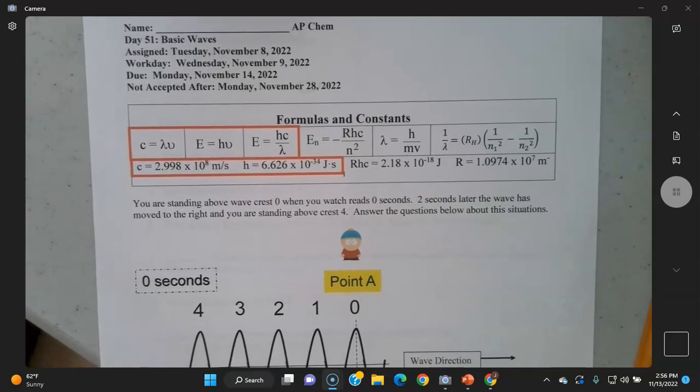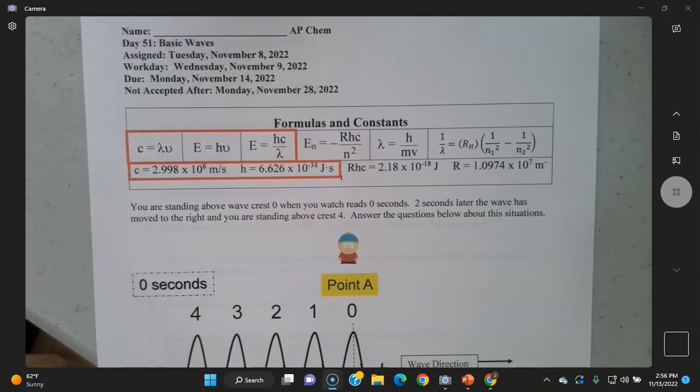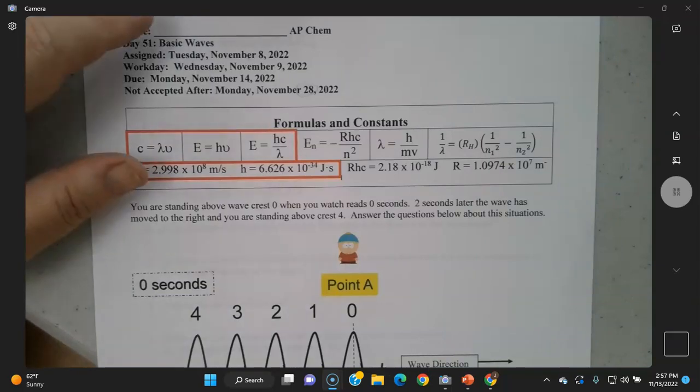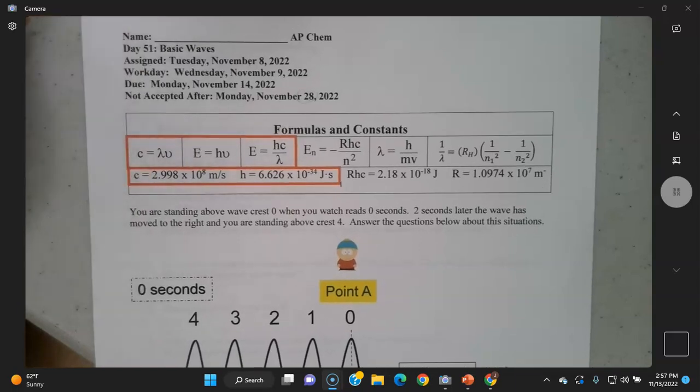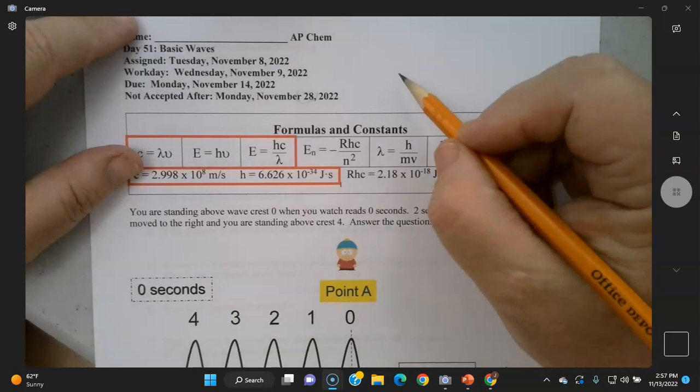So waves is a topic you may have learned in physics. And what waves are is they are the movement of pure energy. So watch the lecture video, that'll explain what they are and the different types of waves. But one thing that we deal with in this unit is the fact that waves are not just waves. Electromagnetic waves can actually have two forms.